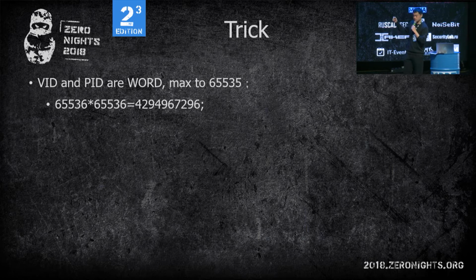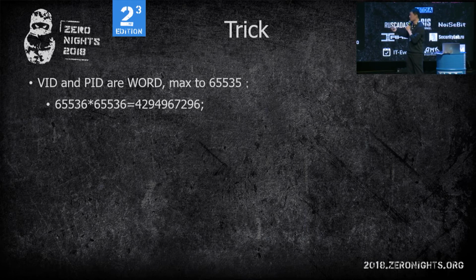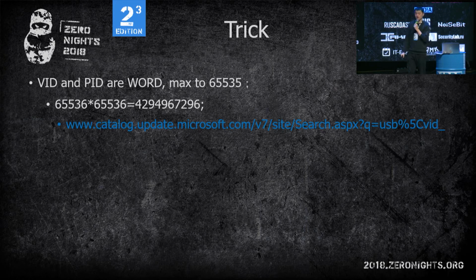If you do some math on it, you will find the number of combinations is really huge. We cannot finish such an enumeration in a reasonable time. So the solution is we found a link, and the link is provided by Microsoft.